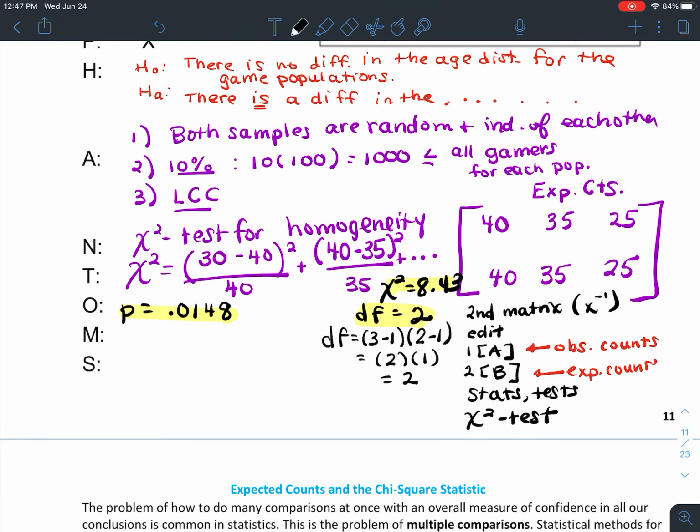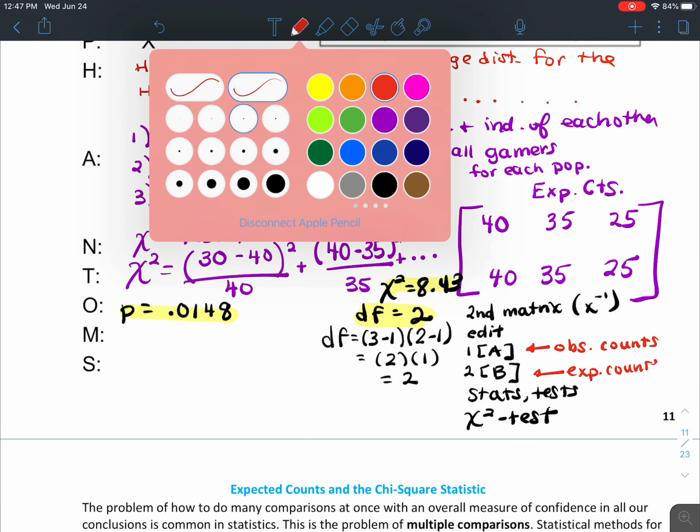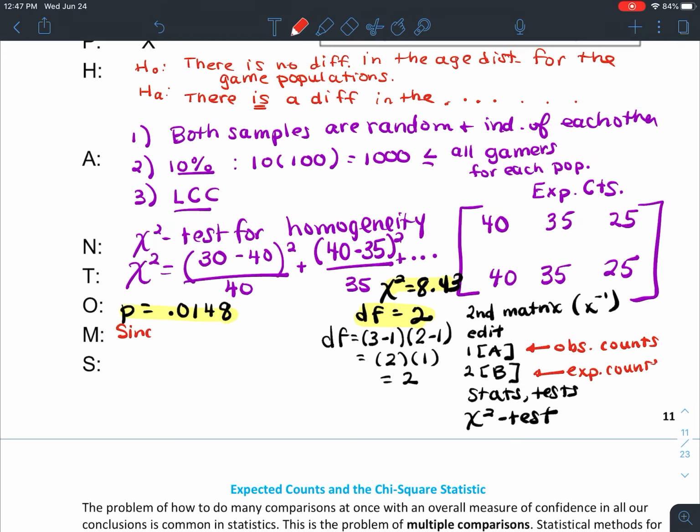Okay, so then we're down to the conclusion step here. We would want to go ahead then and say that since the p-value of 0.0148 is less than the alpha level of 0.05, we reject the null hypothesis.